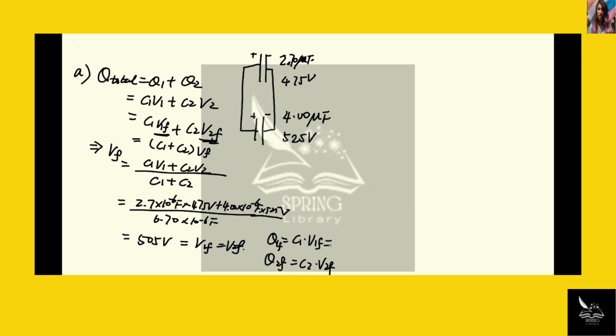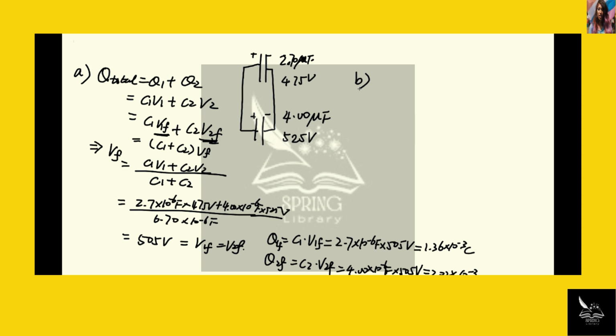And this equals 2.7 times 10 to the negative 6 farad times 505 volts. And this equals 4 times 10 to the negative 6 farad times 505 volts. So this is 1.36 times 10 to the negative 3 coulomb. This is 2 times 10 to the negative 3 coulomb. So this is the charge on capacitor 1 and 2 after they're connected.